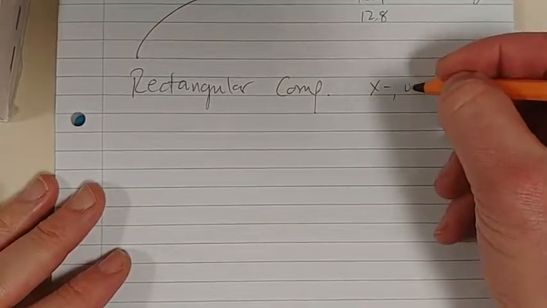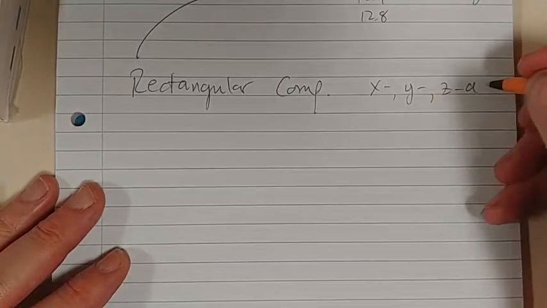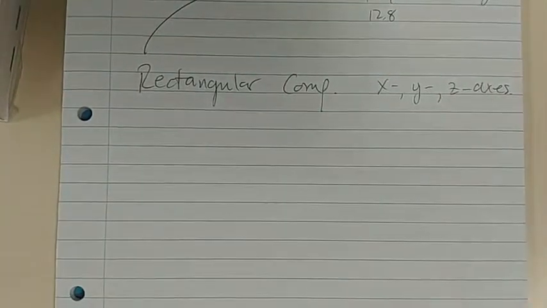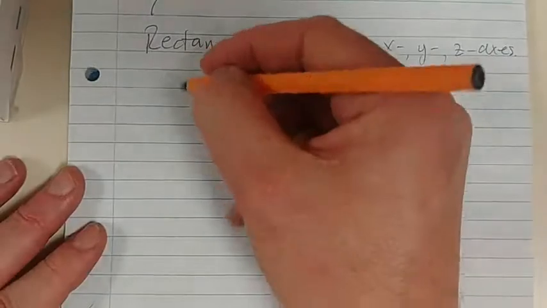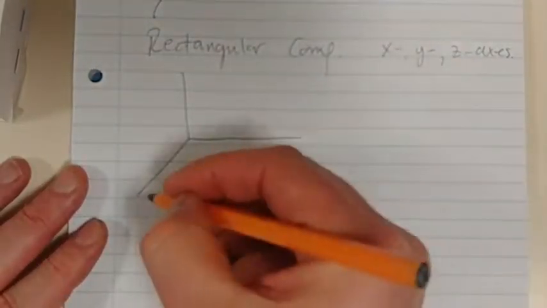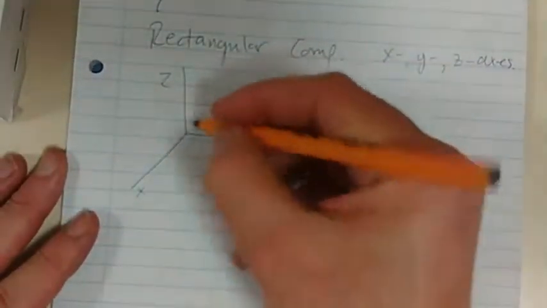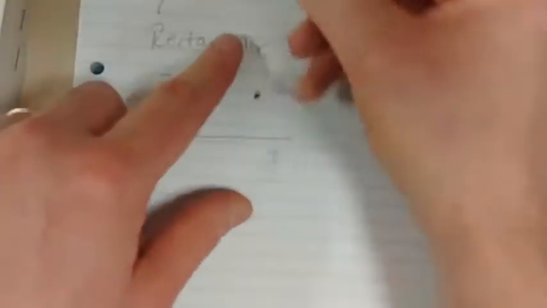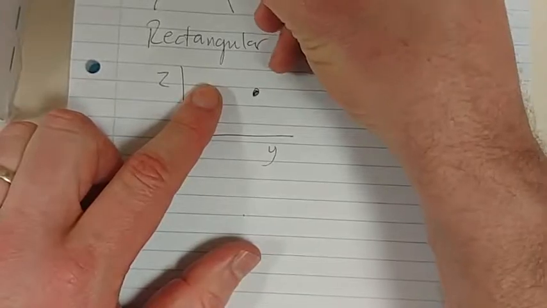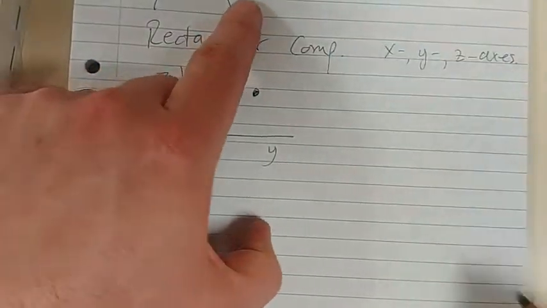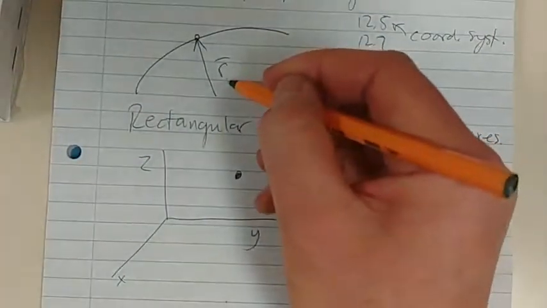This just simply means, remember our Cartesian coordinates in first semester? X, Y, and Z axes. X, Y, Z coordinates, okay? So, here they are. X, Y, Z, and there's the particle. Remember in 12.4, all we said was, there's my position vector, but we never said what it looks like.